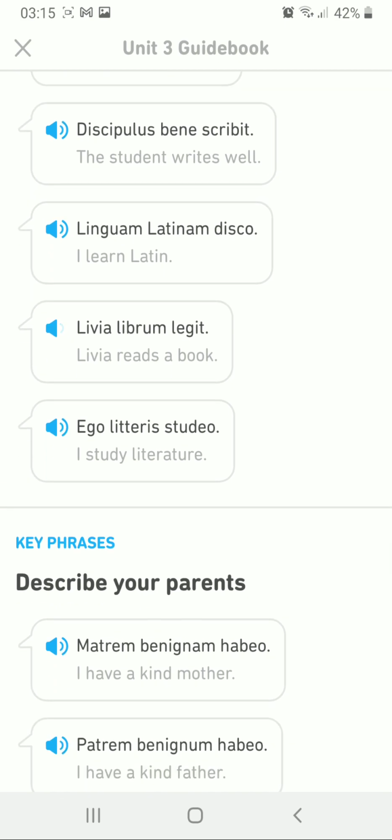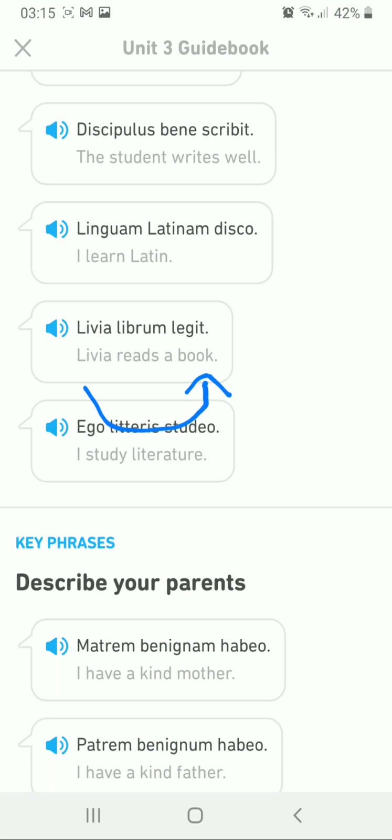Moving on, Livia librum legit. Another example here. We have Livia librum legit, and Livia is a subject reading a book.